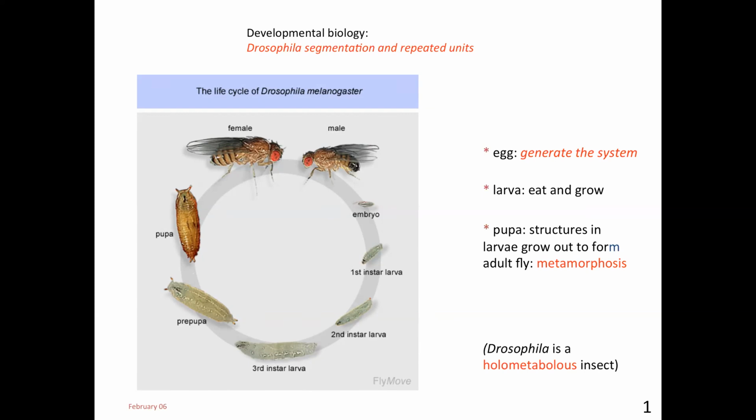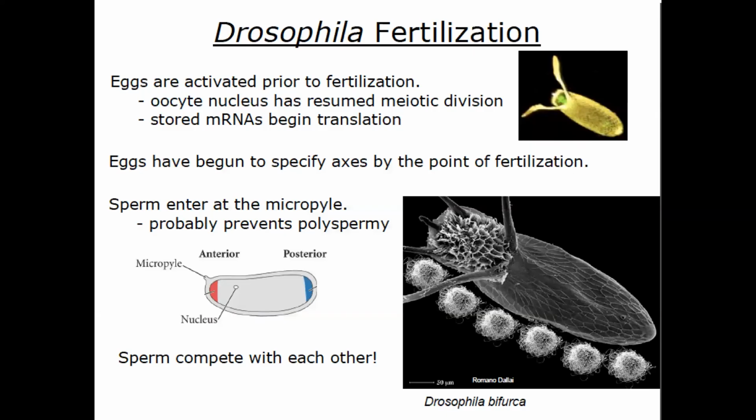Okay, so moving on, we start with how the egg develops and where it comes from. Drosophila fertilization is unlike the fertilization events that you might have been introduced to, because in other systems the sperm entry activates the egg.